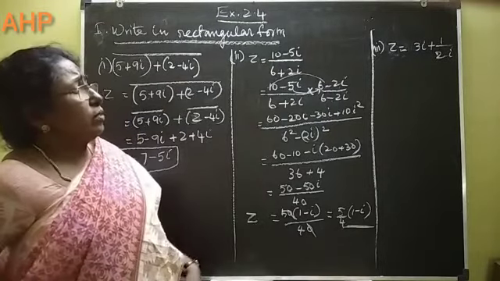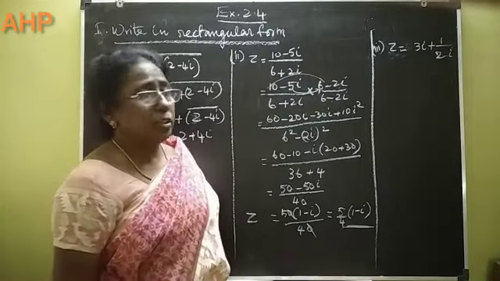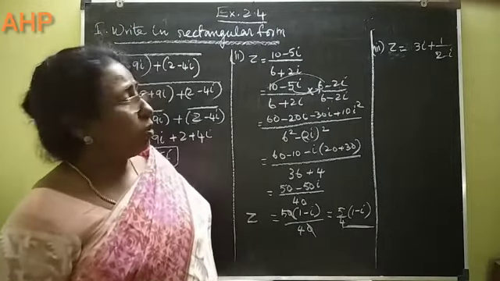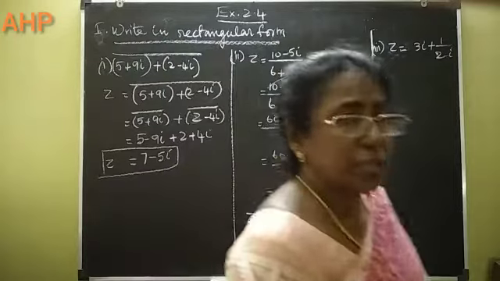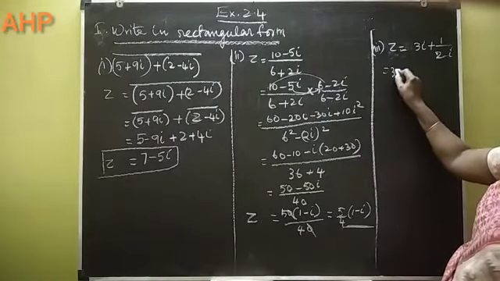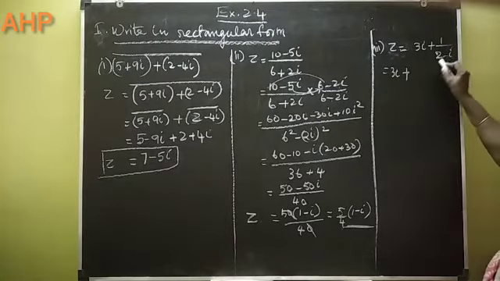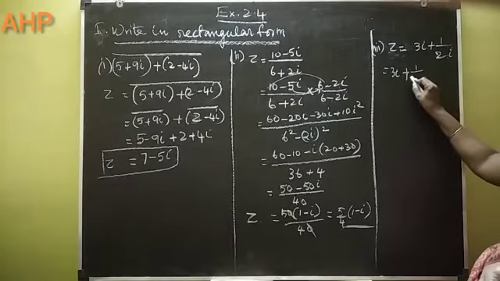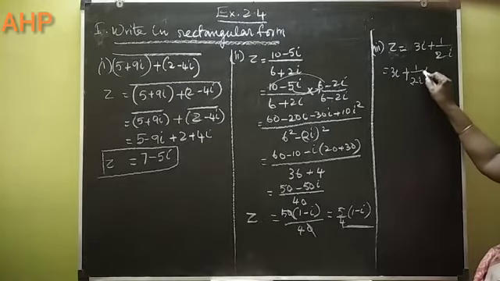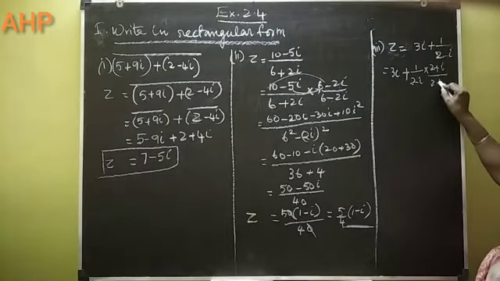In the third question, we have (3i + 1)/(2 - i). So here again, we are going to keep this 3i as constant and write this as 3i plus, let us try to simplify this by multiplying by its conjugate. So 2 - i should be multiplied by 2 + i and divided by 2 + i.